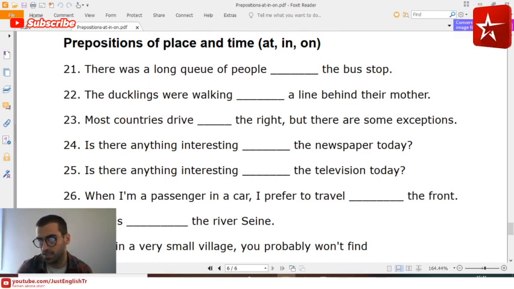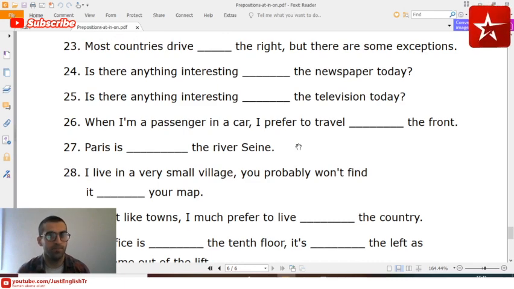Number 26. When I am a passenger in a car, I prefer to travel. Okay. I prefer to travel, they wrote the front. So, which one should we use?